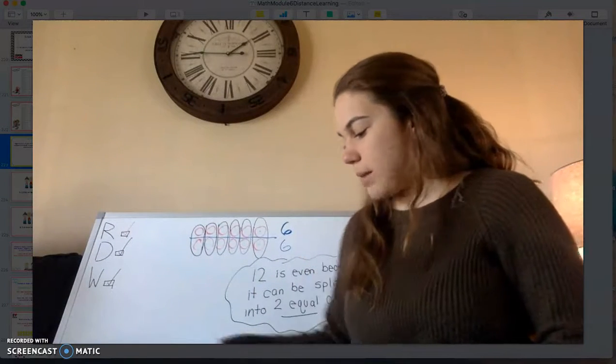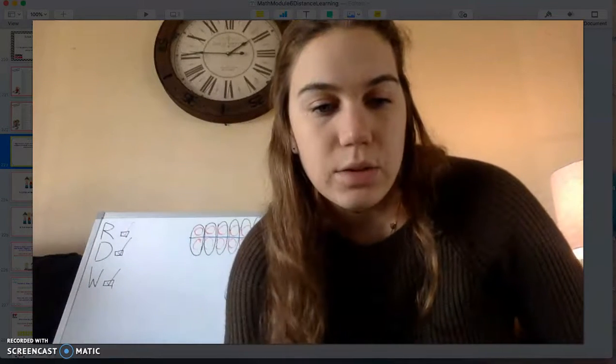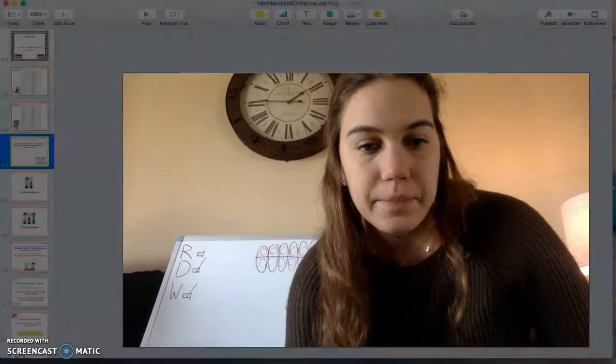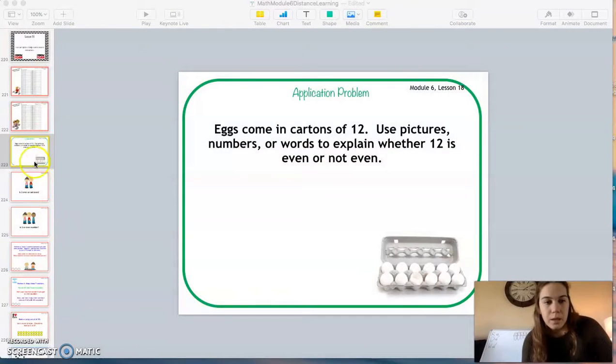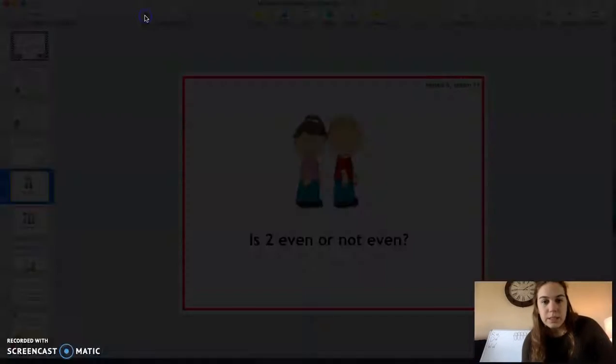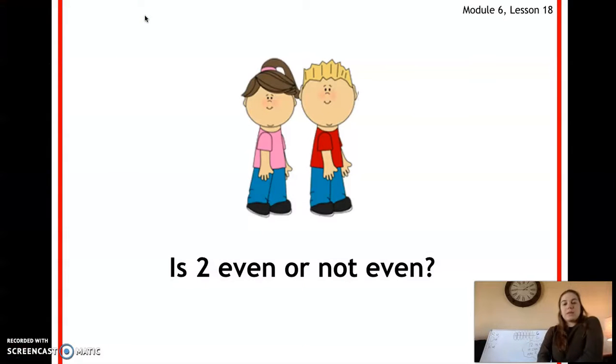Great job. So now let me zoom out so you can see the next step. So let's look here. It says, is 2 even or not even? So in this picture, we have 2 friends. If we look at it, if we were to put them in a pair, so if a pair has 2, is there anything left over?